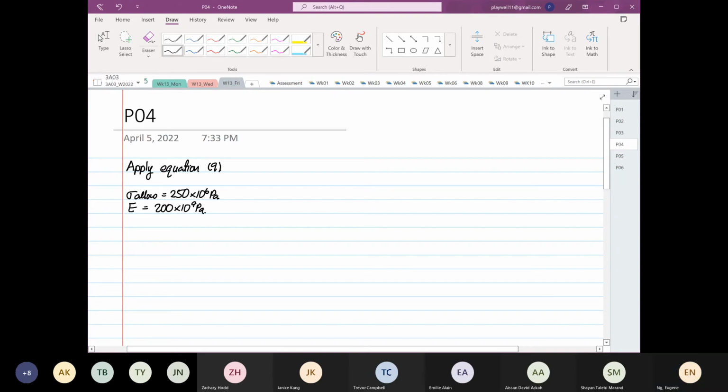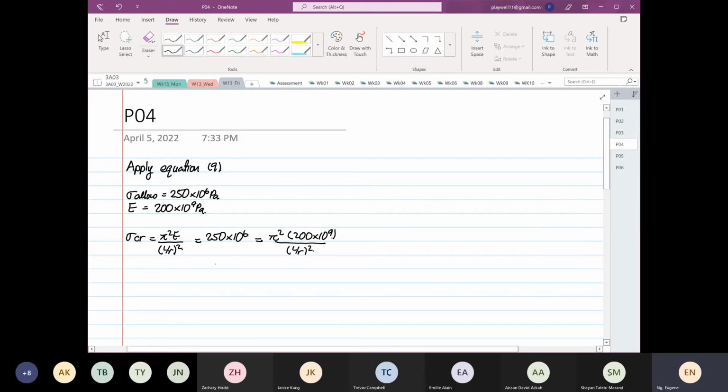We know the formula: stress critical is equal to pi squared E over L over r squared. We know the allowable is the critical, so 250 times 10 to the power 6 is equal to pi squared times 200 times 10 to the power 9 over L over r squared.